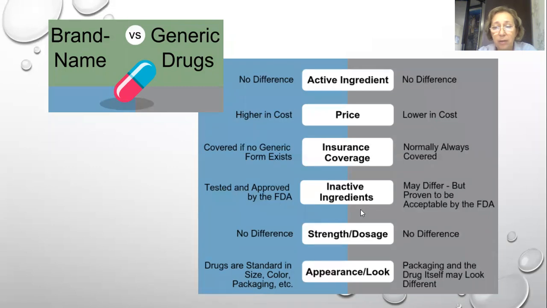This is about the United States. And as for generic drugs, it may differ, but is proven to be acceptable by the same organization. And strength or dosage, there is no difference. And in appearance, you've also said about this, brand name drugs are standard in size, color, packaging, etc. But the packaging and the generic drug itself may look different.